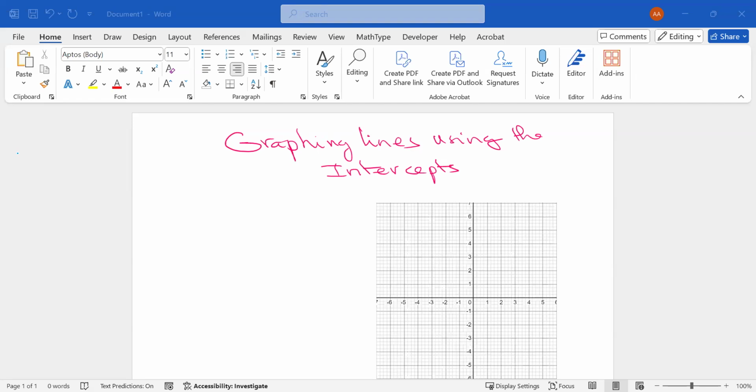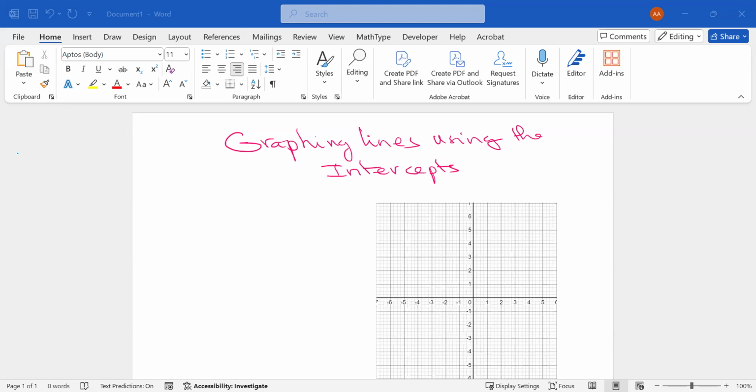Today we're going to talk about how to graph lines using the intercept, because in this chapter 4, basically 80% of what we're going to do will be based on how to graph a straight line, how to graph a linear equation.